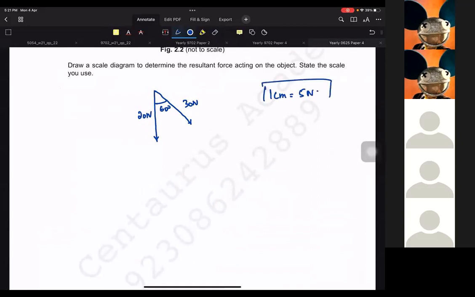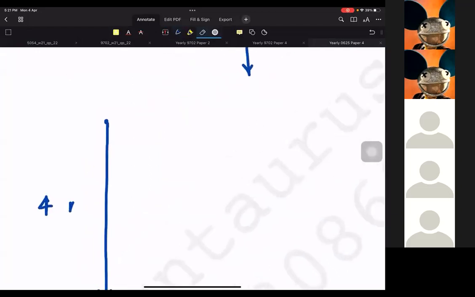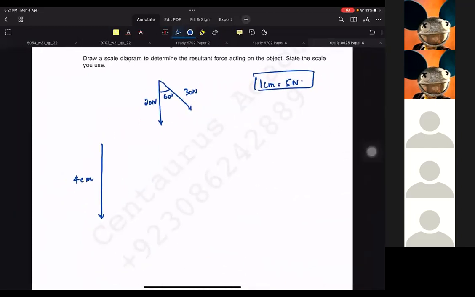If I take the scale, I will first put a point and draw a vertical line of 4 centimeter, because 20 newtons according to my scale is right now 4 centimeter. So you can actually remember this.